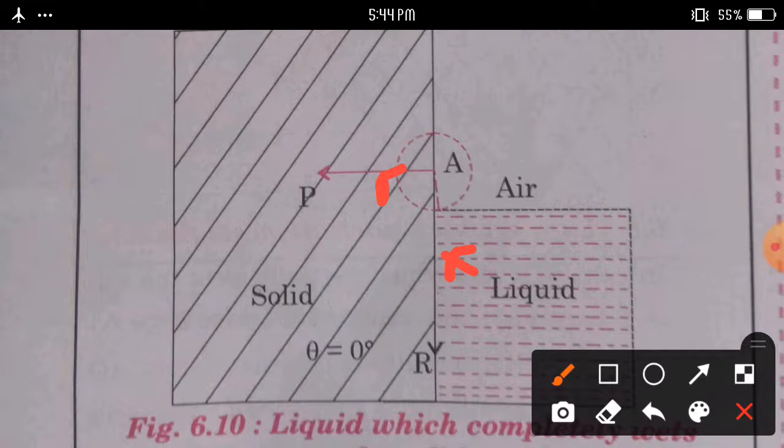Therefore the liquid surface in contact is almost tangential to the solid surface and the angle of contact is 0.